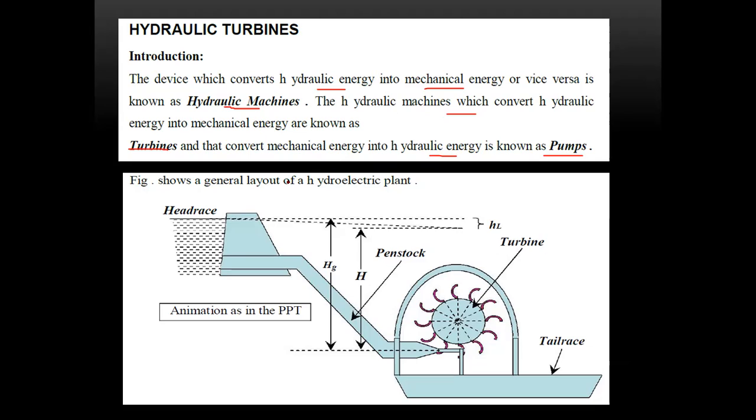Next, the general layout of any hydroelectric power plant. For example, if you see the Srisailam power project, you have a dam at the top and a reservoir where you are storing the water at one side. Whenever the gates are opened, the water flows in this direction.